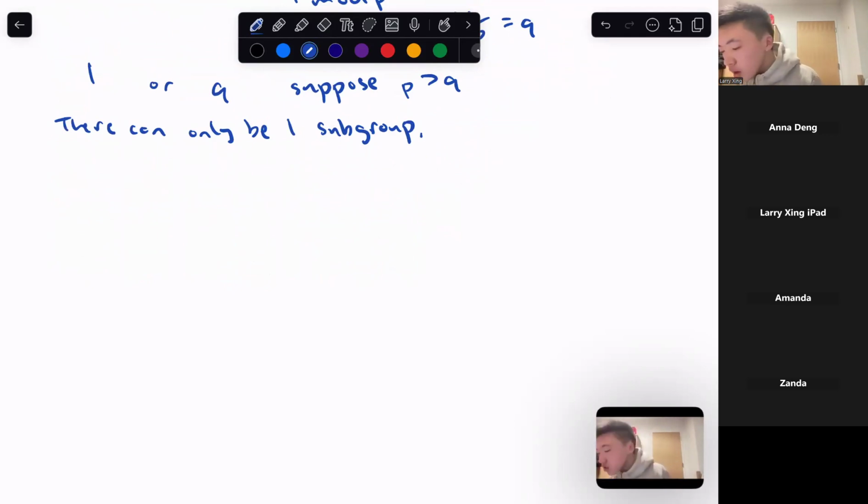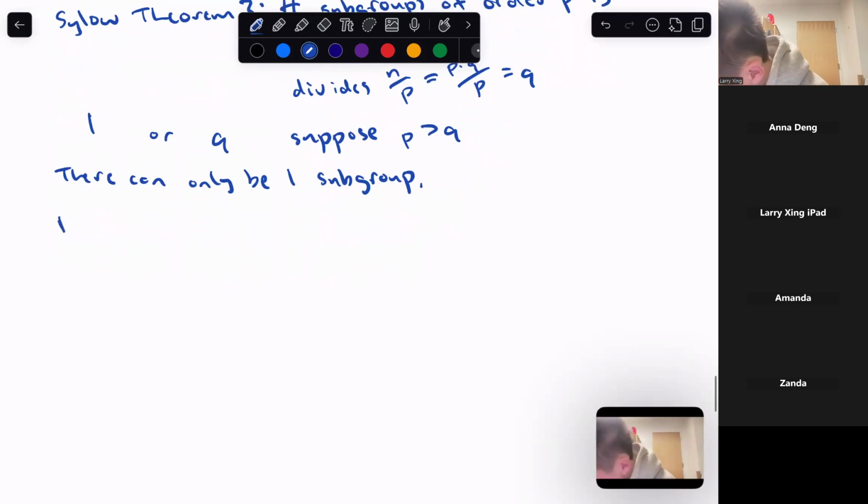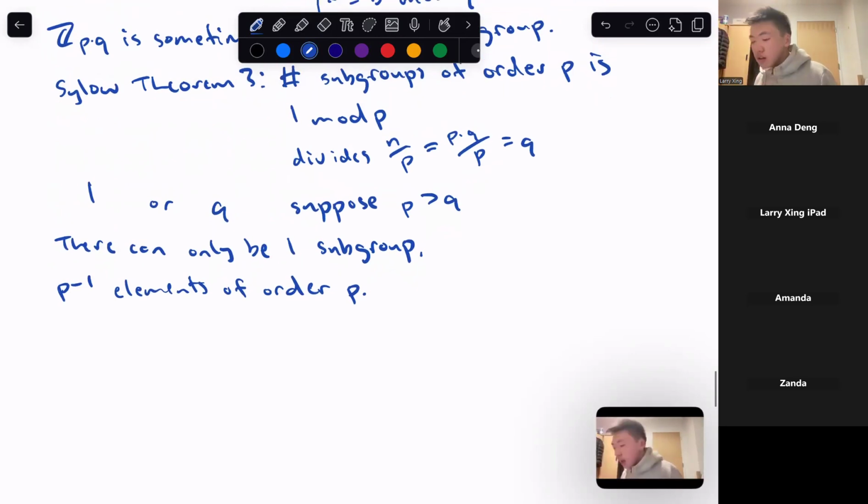Well, if there's only one subgroup, that means that there are only P minus 1 elements of order P. Otherwise, you could just use a different element to generate a different subgroup of order P, and that would contradict what we found.